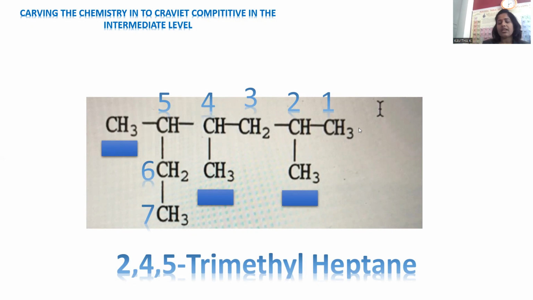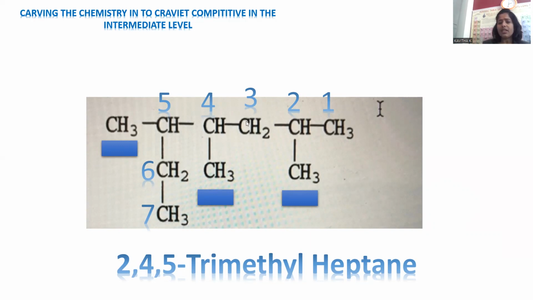If you start numbering from the right-hand side, 1, 2, 3, 4, 5, 6 carbon chain, and if you go for another possibility, 1, 2, 3, 4, 5, 6, 7. The 7 carbon chain will become the parent chain because the longest chain gets greater priority over a shorter one. That's why either left or right you are getting 6 carbons, but with this counting we get 7 carbons.